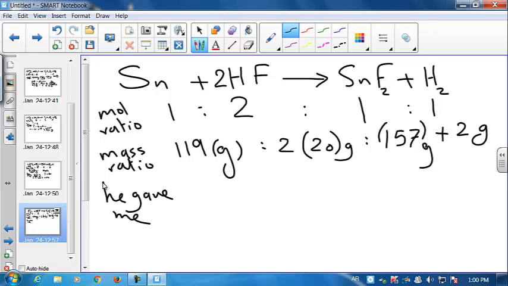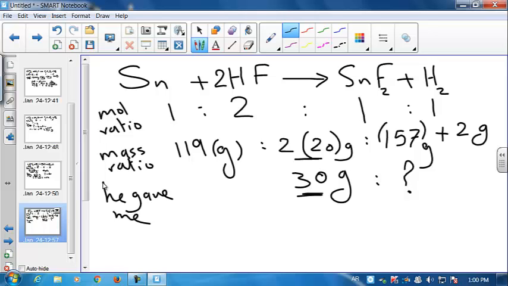He gave me the mass of what? He said that 30 gram of HF reacted, instead of 40, 30 gram instead of 40, okay? And he wants how many grams of tin fluoride are produced.